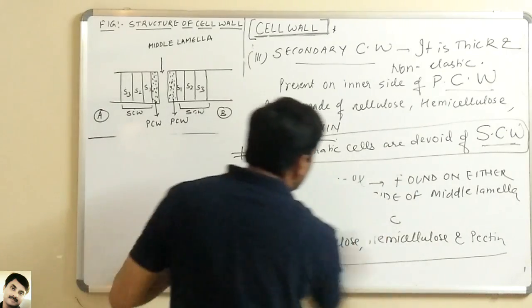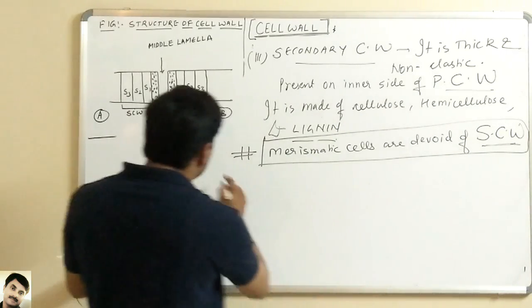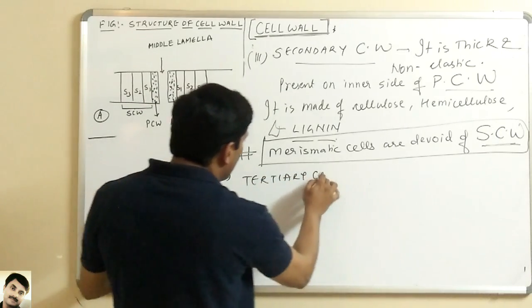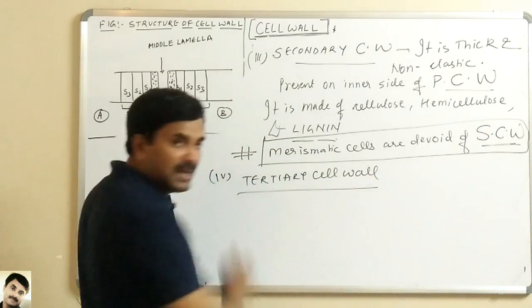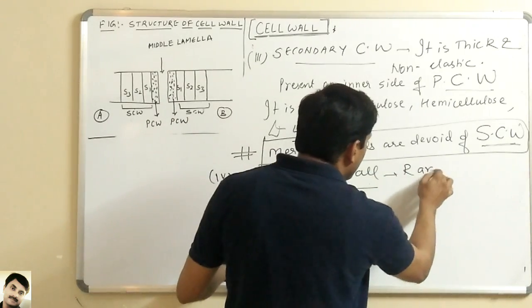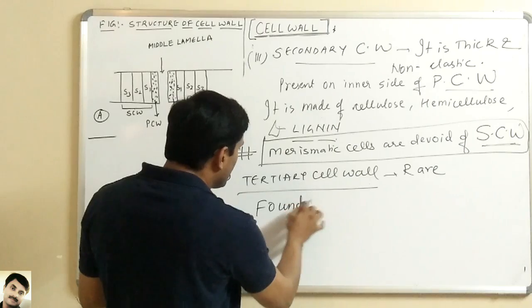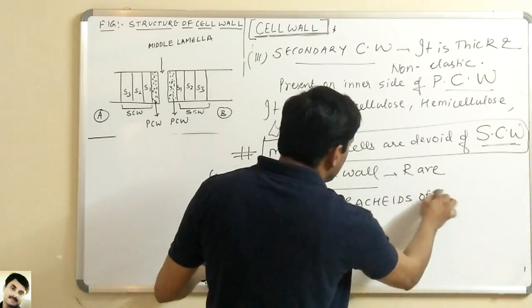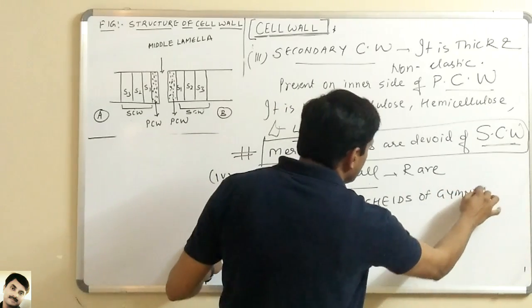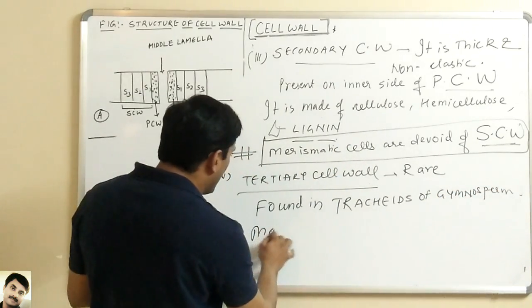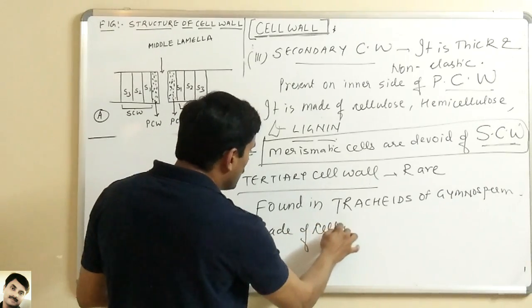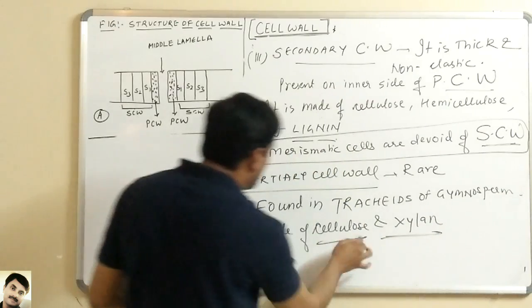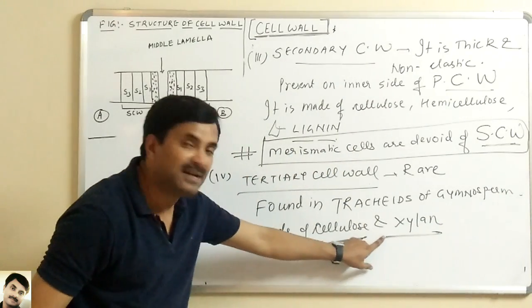And the fourth one, which is very rare, is the tertiary cell wall. It is not commonly found, it is rare and found in tracheids of gymnosperm, and it is made of cellulose and xylan.